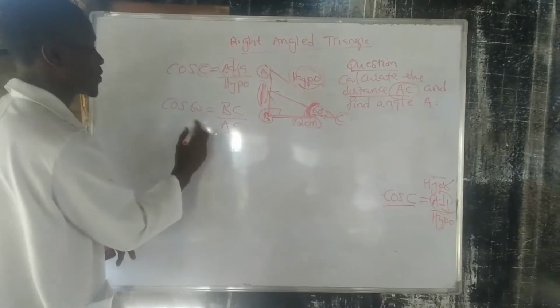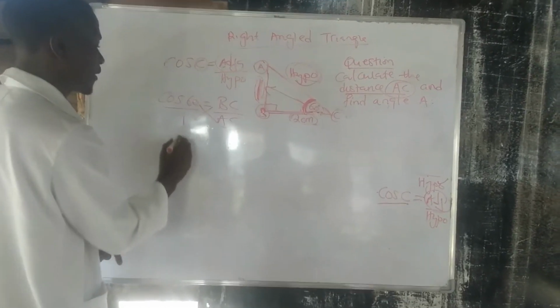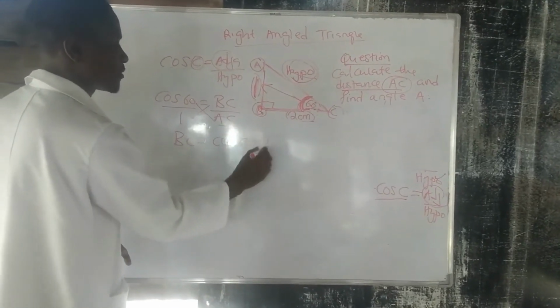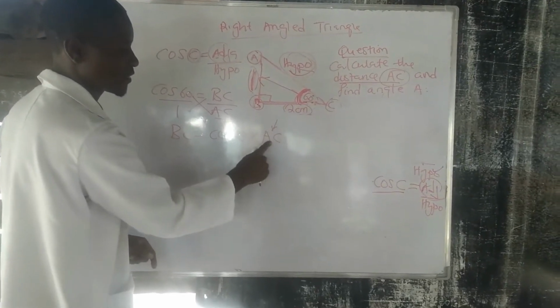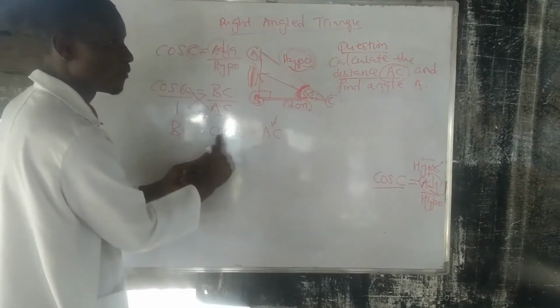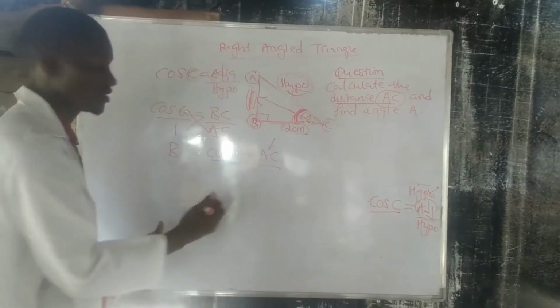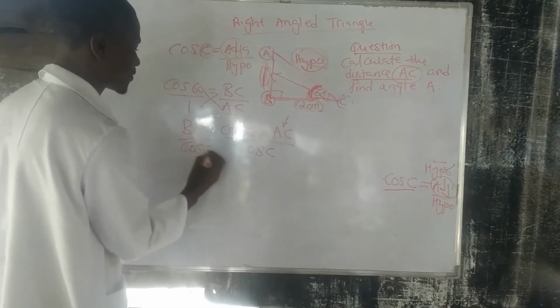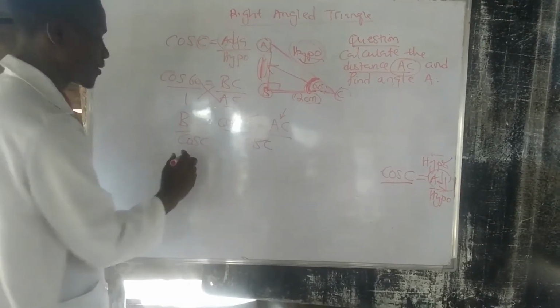Therefore, since I'm looking for AC, we are going to make AC the subject of the formula. So this will be over 1, then you cross multiply, then you have BC equals cos C times AC. Now I'm looking for this AC, so I need to remove the cos C by dividing both sides of the equation by cos C. And then this and this go.